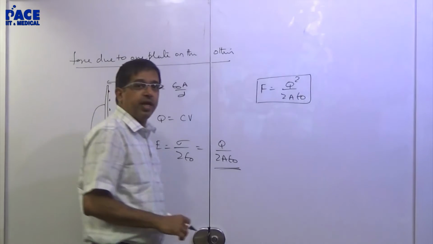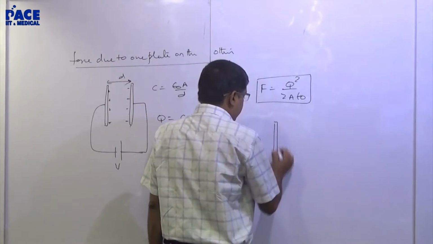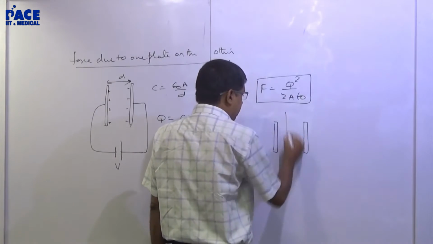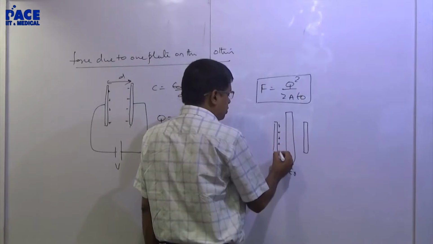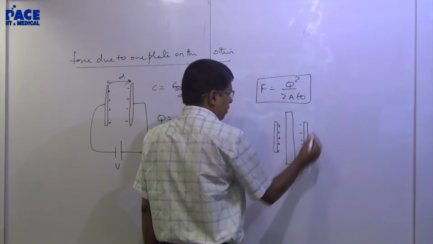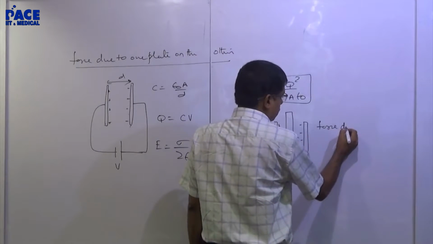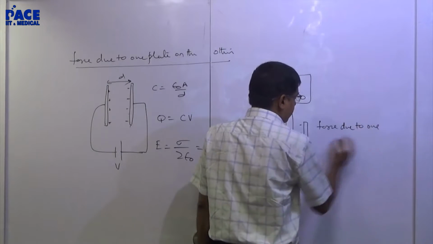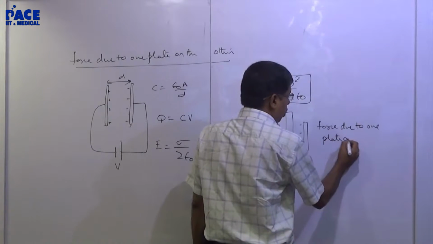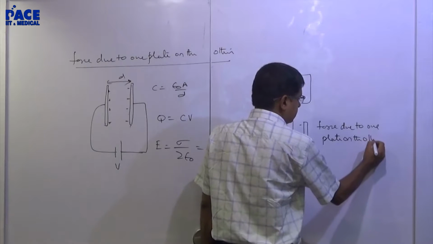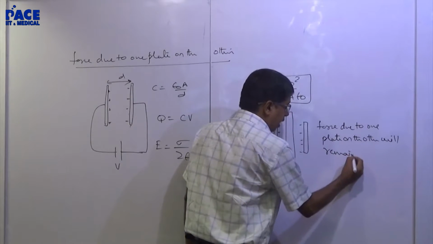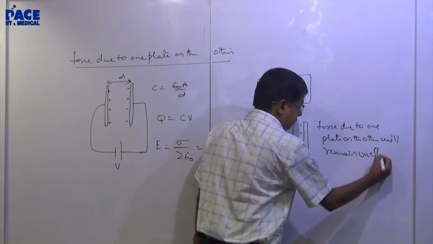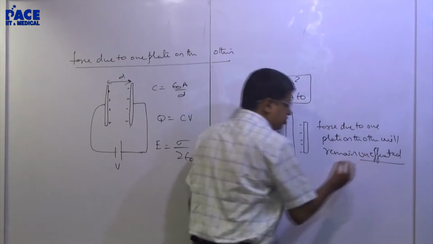HCV in one of the objectives is asking you, if I introduce a dielectric in between, force due to one plate on the other will remain unaffected, will remain the same.